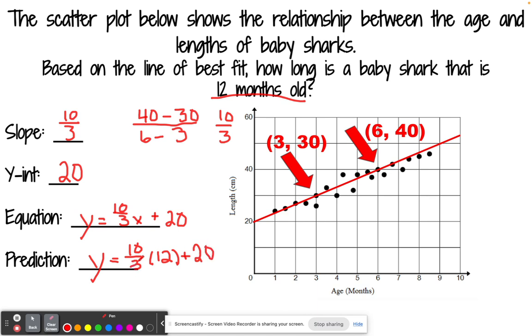Simplify before you multiply. And I will say that when my shark is 12 months old, it's going to be 40 plus 20.